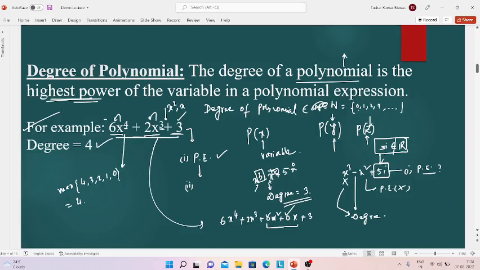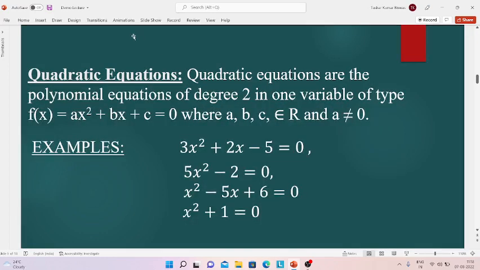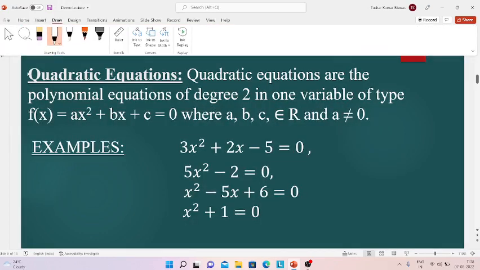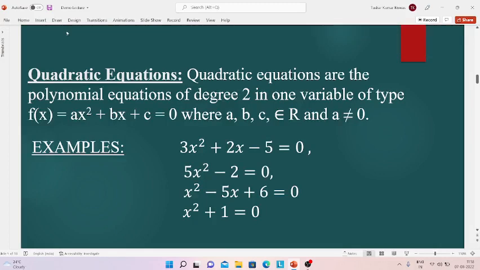After that, let me discuss one thing before starting this particular topic, which is the quadratic equation. So what is a polynomial equation, right? Since you know what a polynomial expression is, suppose a polynomial expression is denoted as p(x).